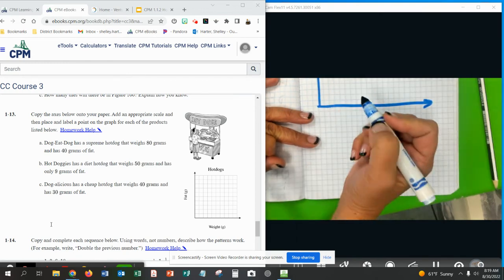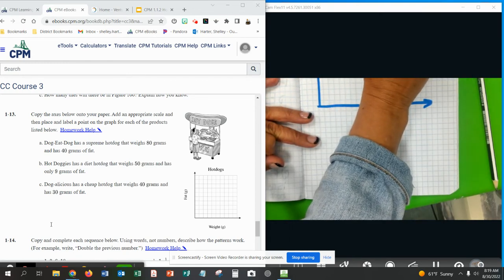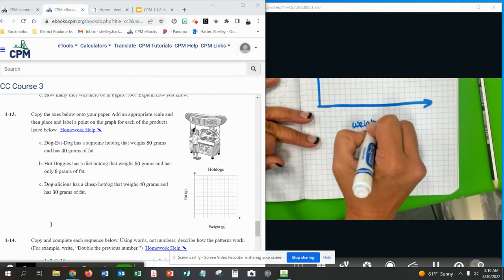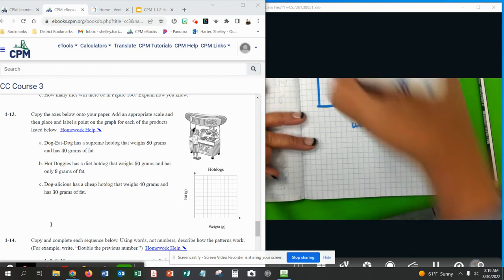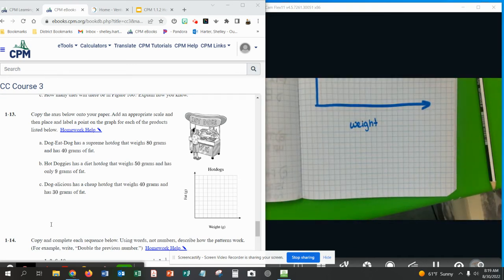This is hot dogs. This is weight. And this is fat. It says copy the axis below on your paper, add the appropriate scale, and then place a label on the point of the graph for each of the products.